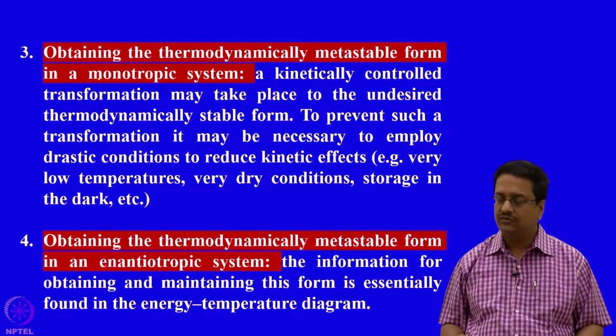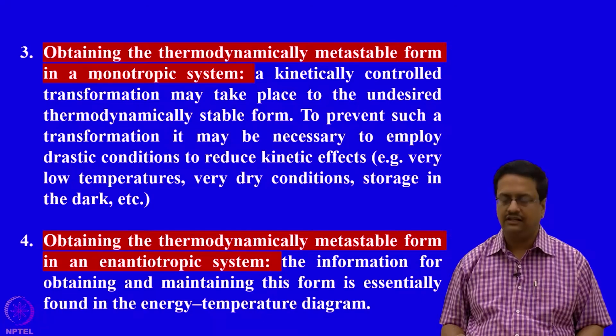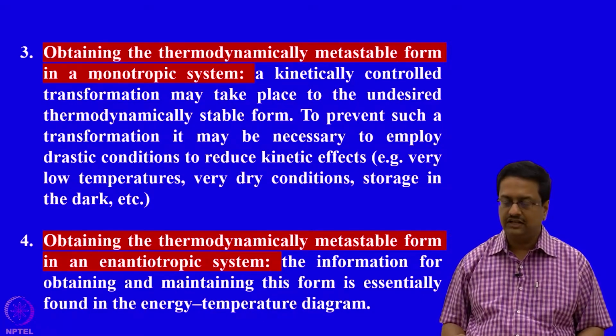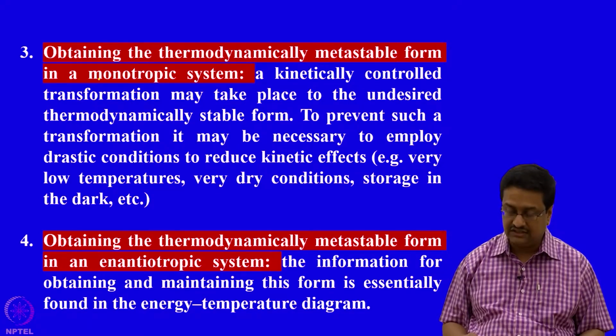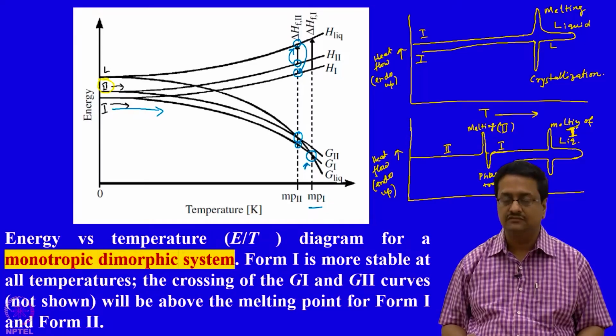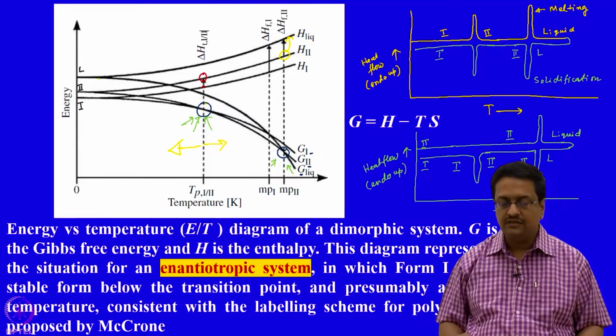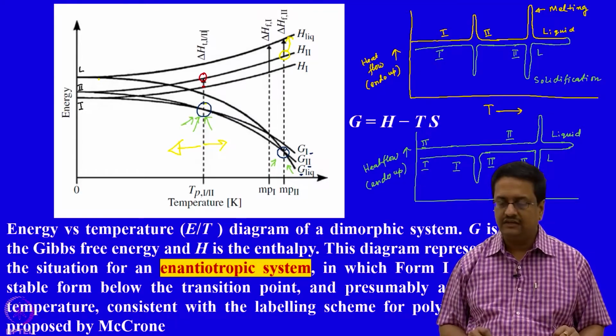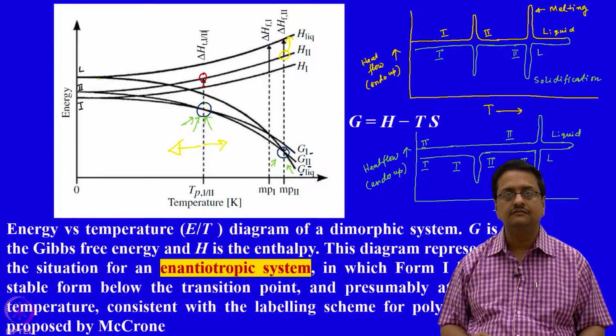How to obtain the thermodynamically metastable form in an enantiotropic system? The information for obtaining and maintaining this form is essentially found in the energy temperature diagram, which is this one. If you want to trap the metastable form at a given temperature, you have to know this diagram very well.